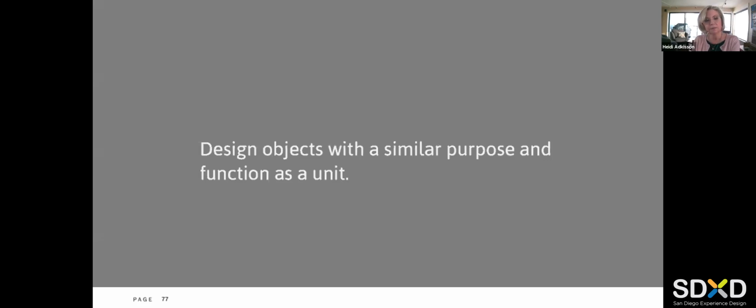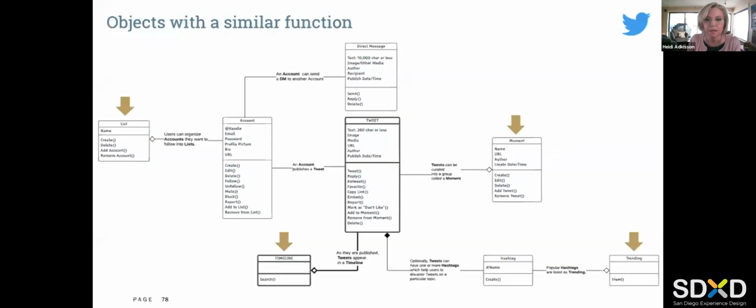So next, it can be really helpful to design objects with a similar purpose and function together as a unit. So back here with our Twitter model, one piece of low-hanging fruit in terms of looking at objects with a similar function is to look for the aggregate objects. Aggregate objects tend to function in the same way in that they are inherently lists or groups of items.